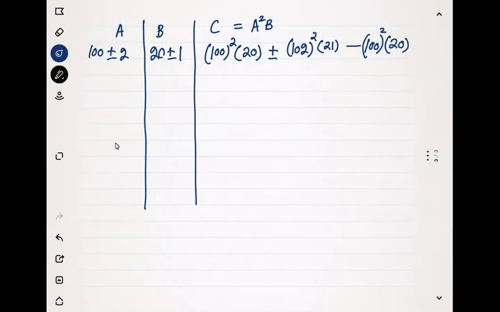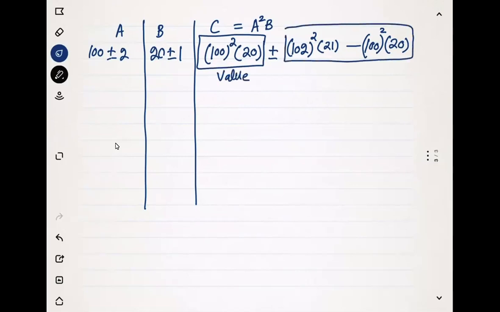So this is the value here. And this is the uncertainty.